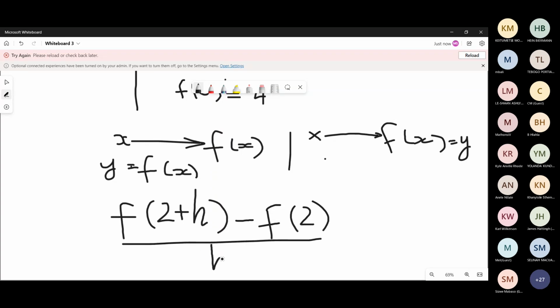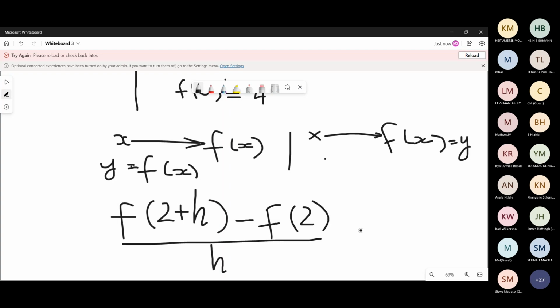Here I want to see how a change in the value of x influences a change in the value of the image of x.